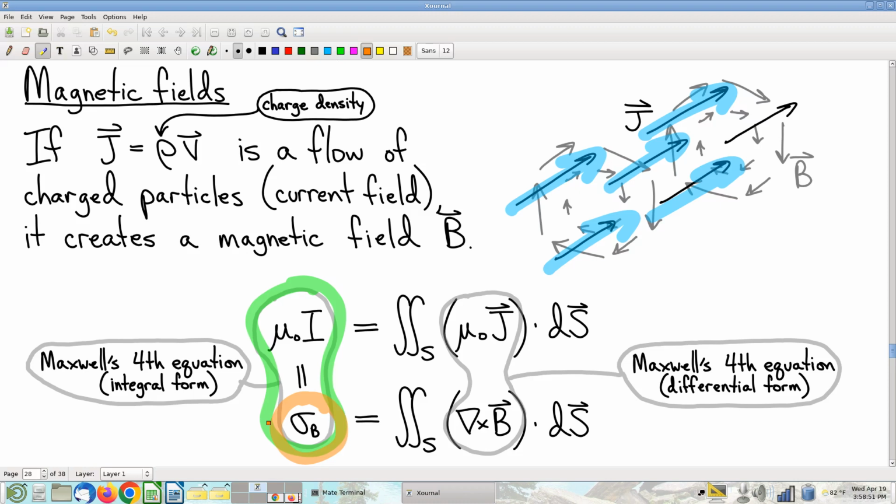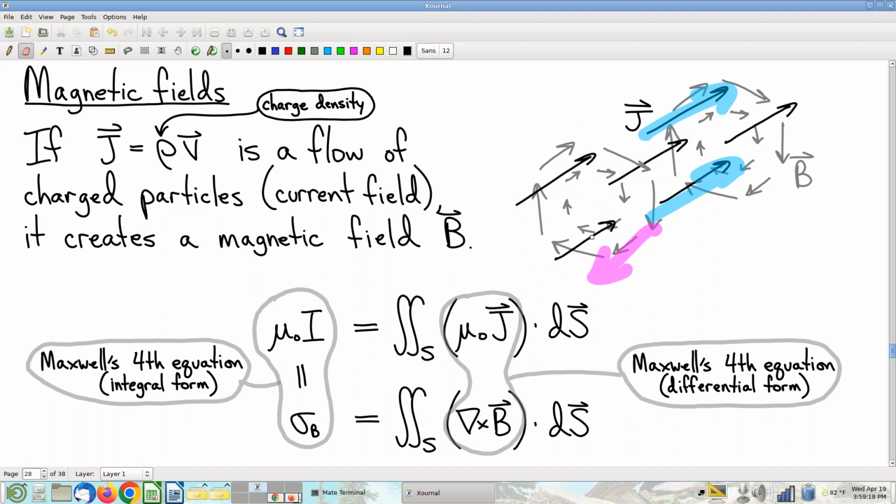Keep in mind, lowercase sigma is how we represent circulation. B is our notation for our magnetic field. So this is magnetic circulation, they call it. Said differently, the more of a flow of charged particles there is, the more of a circulation of magnetic field there is going around it. That just is what it is.